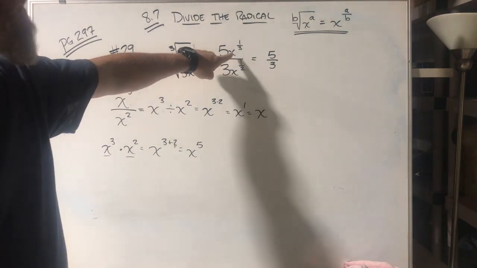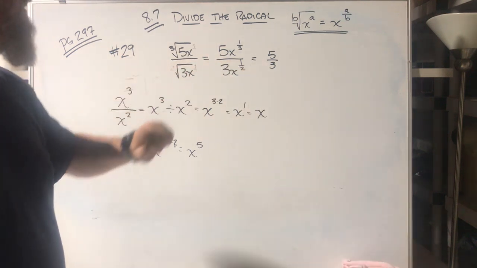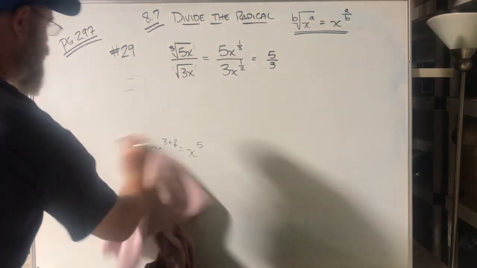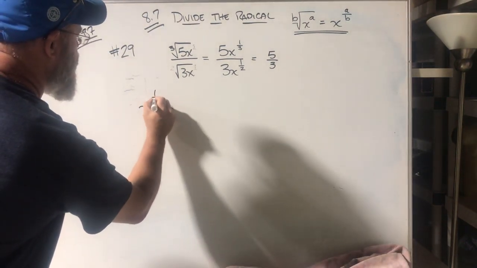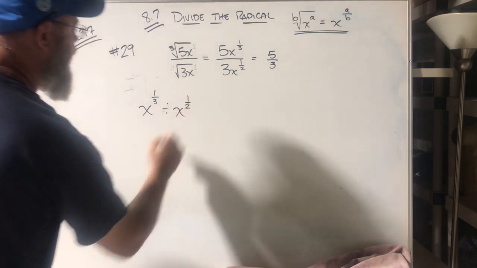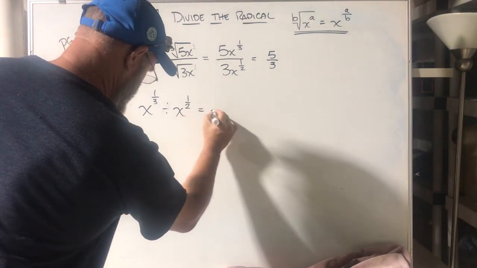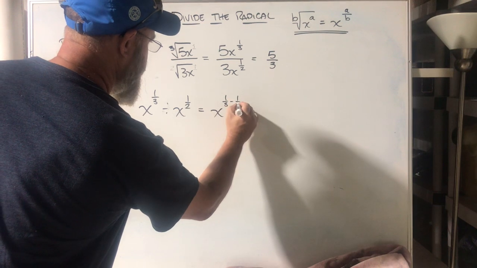And then we have x to the 1/3 divided by x to the 1/2. How do we do that? Well, that would be x to the 1/3 minus 1/2.